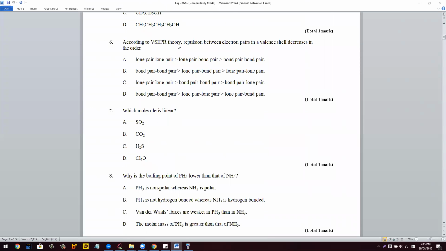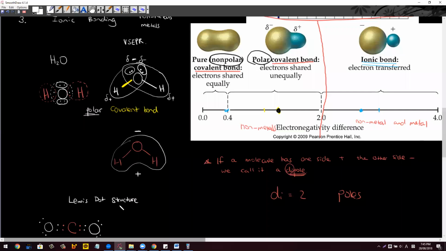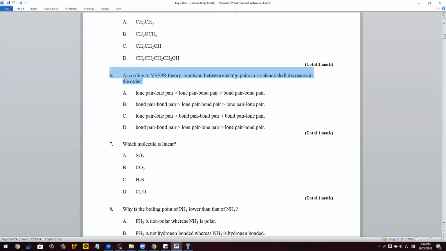When we did this question last time, remember this question, guys? Lone pair push electron. Yeah, lone pairs, they repel each other, right? So a lone pair can push another lone pair. A lone pair can push a bond here, right? What was the answer to this question, guys?